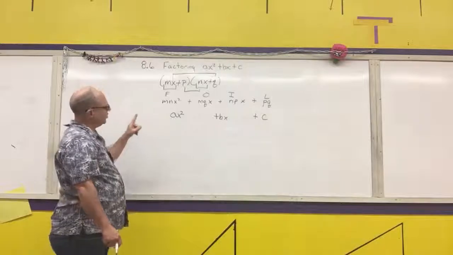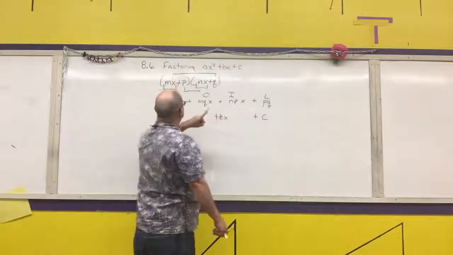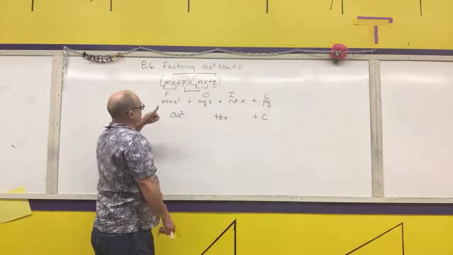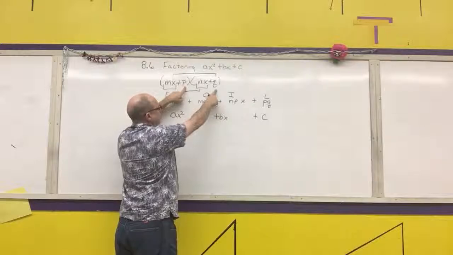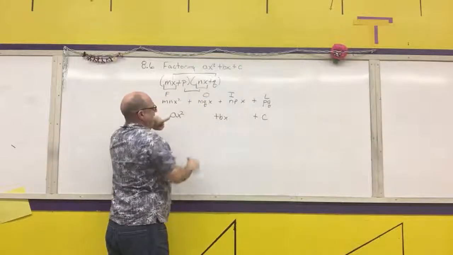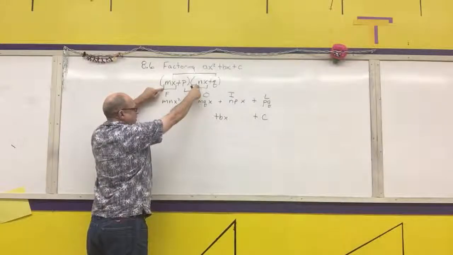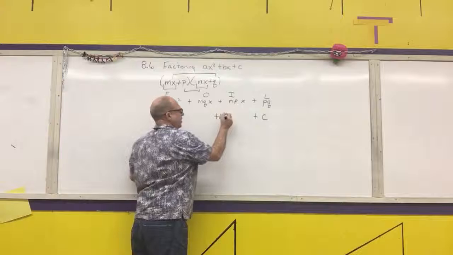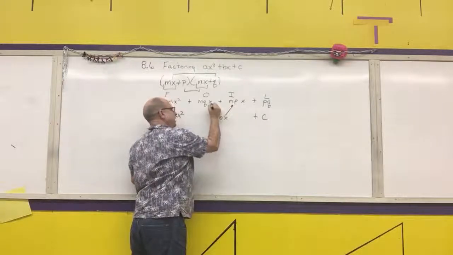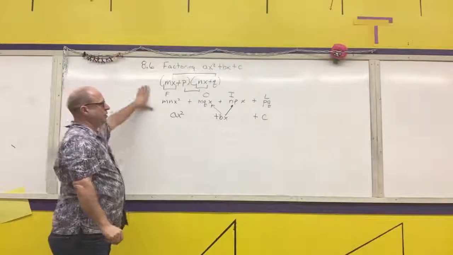So let's look at what we have here. I need the last number to be whatever p times q is, and I need the first number to be whatever m times n is. And what we're going to end up doing is finding this middle number by splitting that thing up. Again, this is just motivation.